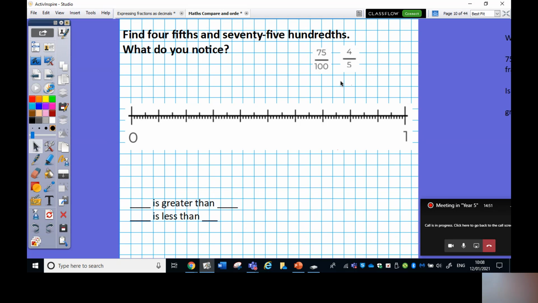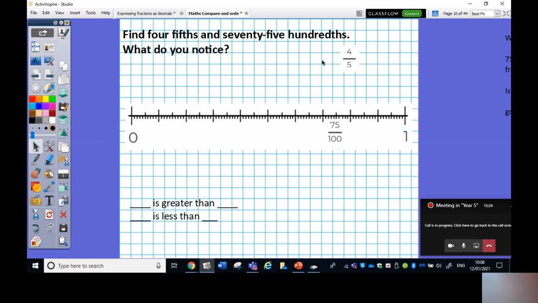So, can you please place your finger over where you think 75 hundredths would be? Good. So I'm going to count 10, 20, 30, 40, 50, 60, 70. That's 5. So it would go there. What about 4/5? Now I can either visualize 5 equal parts, or I can make a connection.